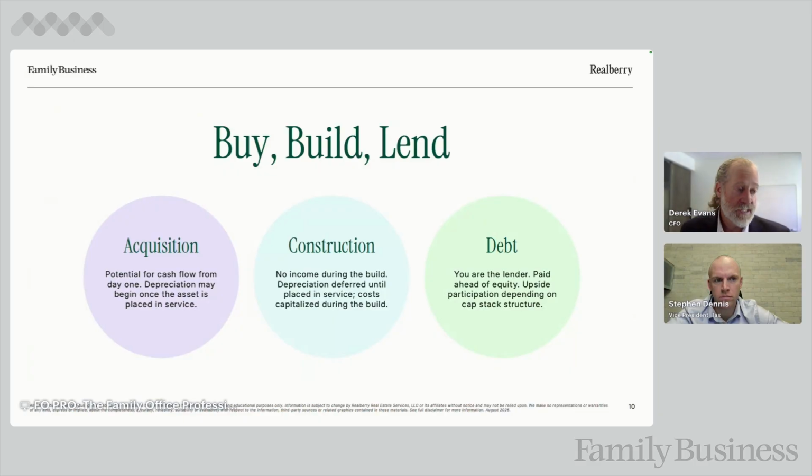So I'm personally of the belief that as we get through the next 12 to 24 months, and we're already starting to see some of those cracks on the private credit side, you're going to start to see some distress within the various type of debt vehicles that are investing in real estate. But generally speaking, these are the three type of avenues you have to invest in real estate across the various products, and then with the various type of sponsor vehicles.